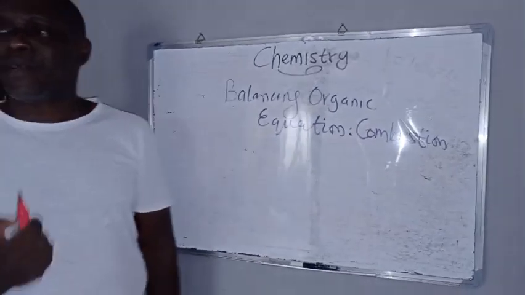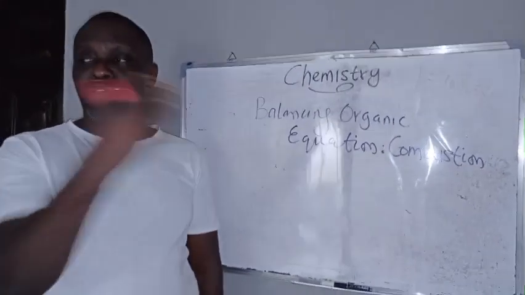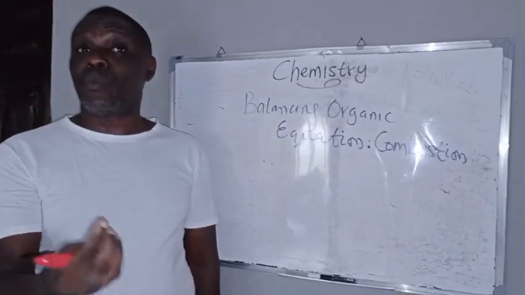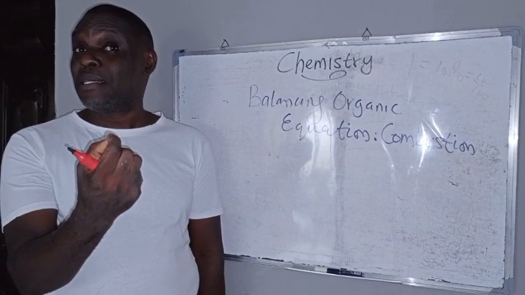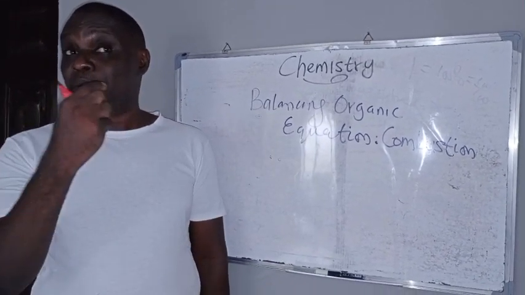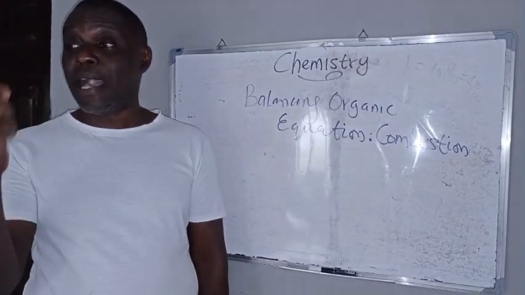Now, what we should ask ourselves is, what are organic compounds? We have inorganic and we have organic. Organic compounds are compounds that are associated with carbon and hydrogen majorly.